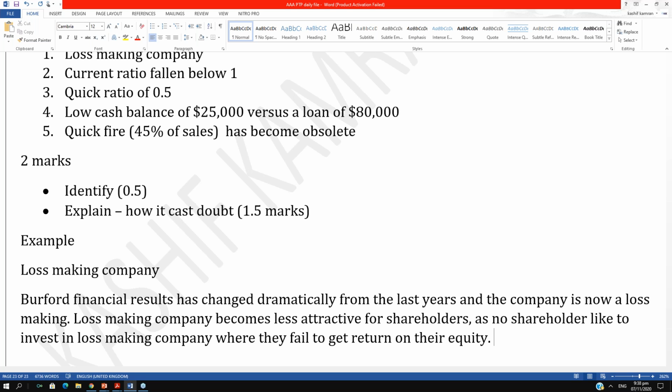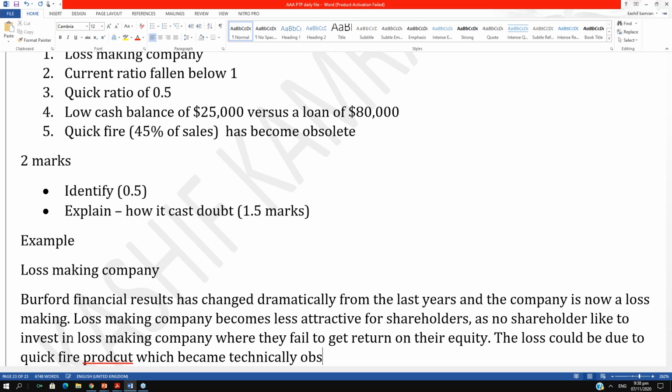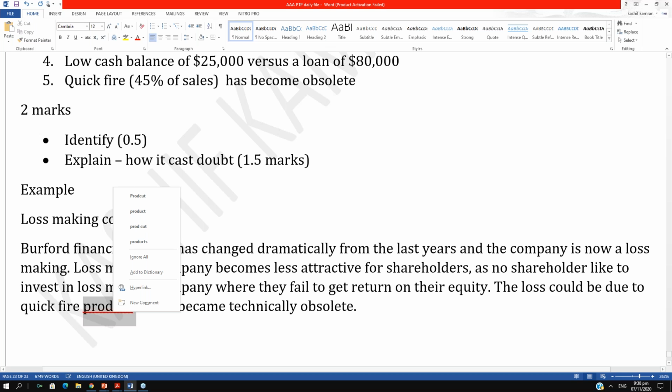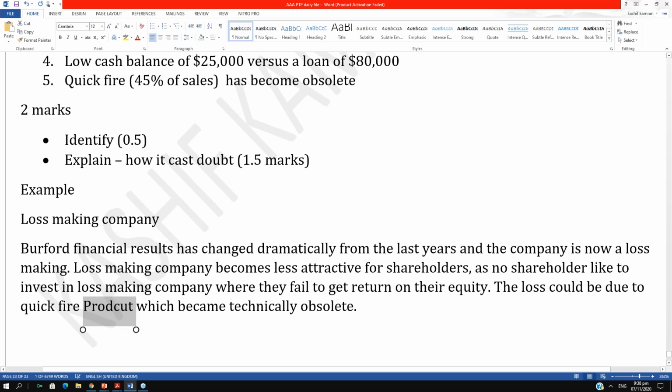And you say the loss could be due to a quick fire product which became technically obsolete. Can that be one of the reasons why the company has become loss making, that their sales have gone down?